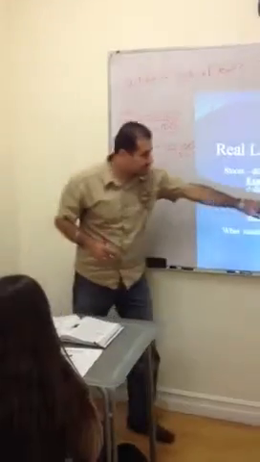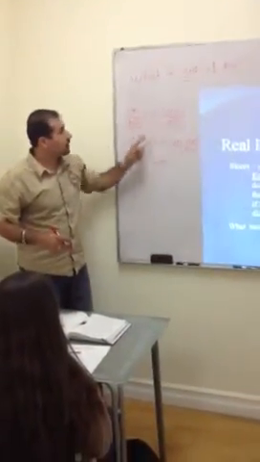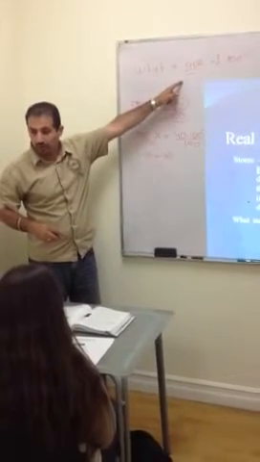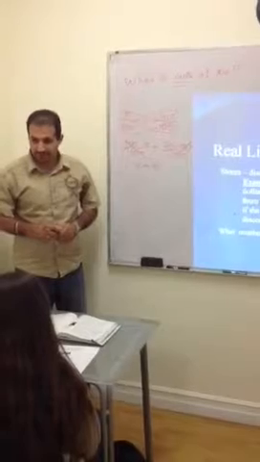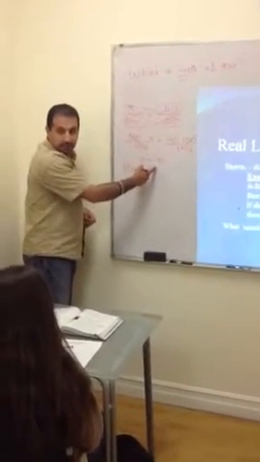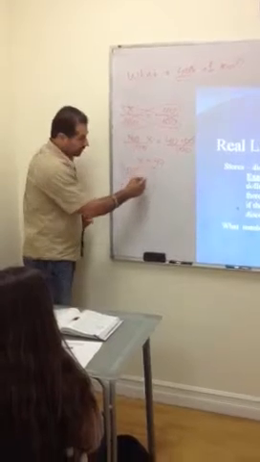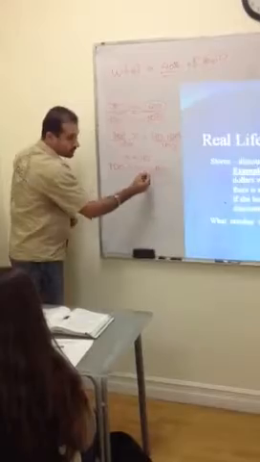So if the dress costs $100, you have $40, 40% off on the dress. How much are you going to pay for that dress? The price is $100, and that's the markdown, the discount.